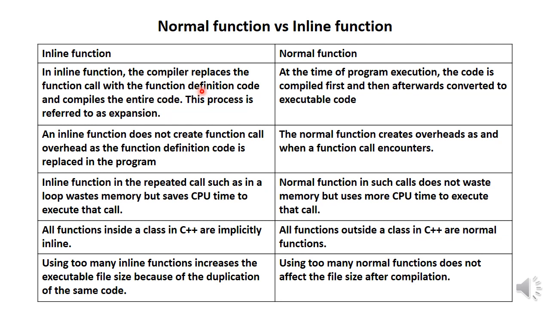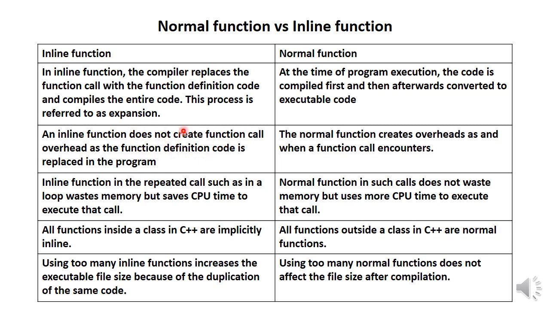In an inline function, the compiler replaces the function call with the function definition code and compiles the entire code. But with normal functions, the code is compiled first and then afterward converted to executable code. Here the compiler transfers the flow control of the program to the normal function definition.